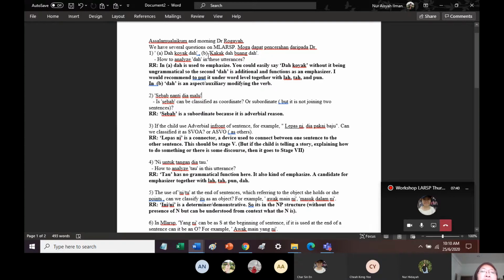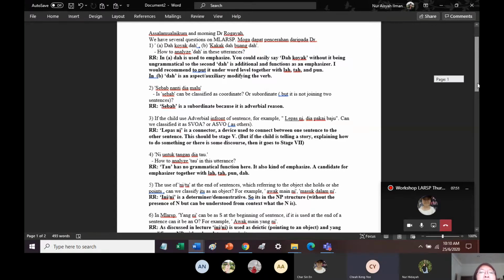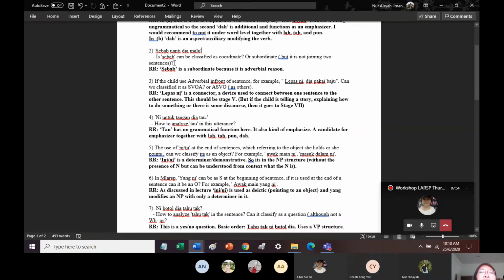However, in 1B, "kakak dah buang", this is an aspect auxiliary modifying the verb. So it will go under auxiliary. And then the second question is "sebab nanti dia malu". Is sebab a coordinate or subordinate? It's not joining two sentences. To me, sebab is subordinate because it is giving reason.